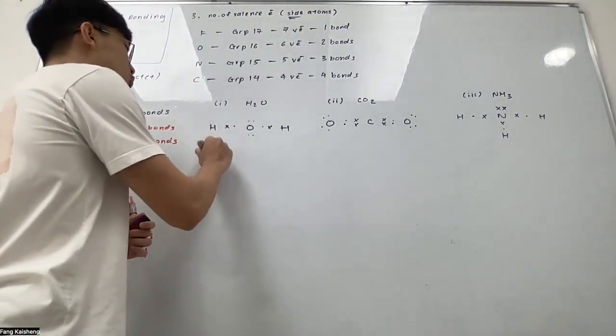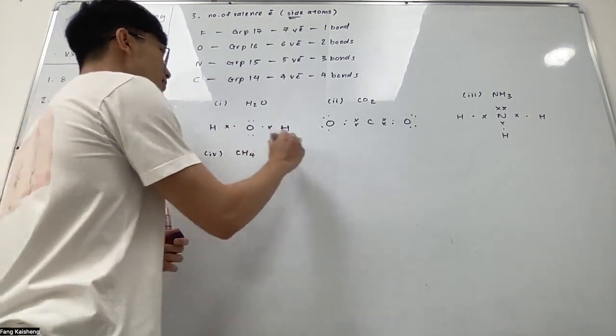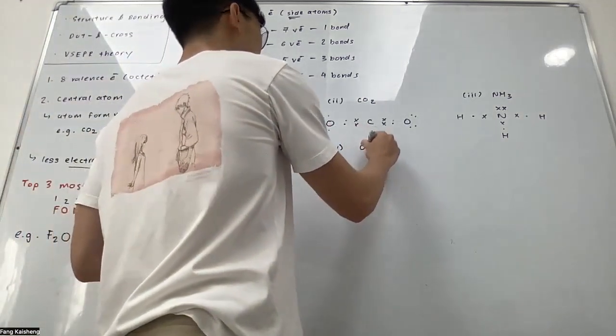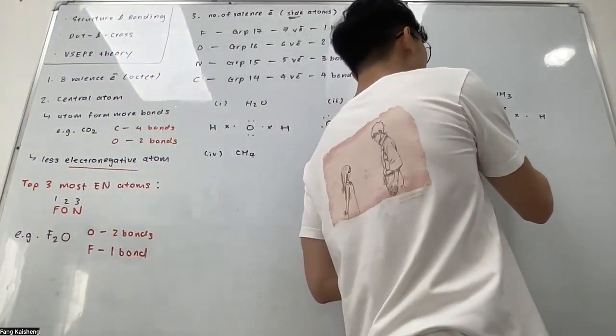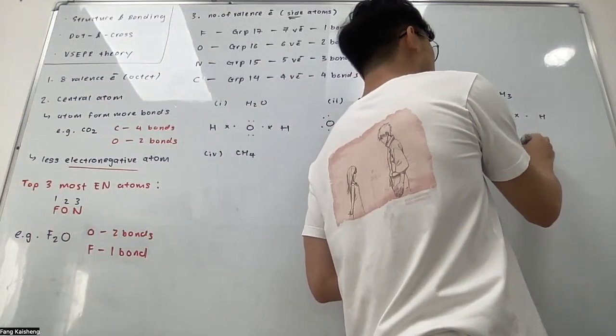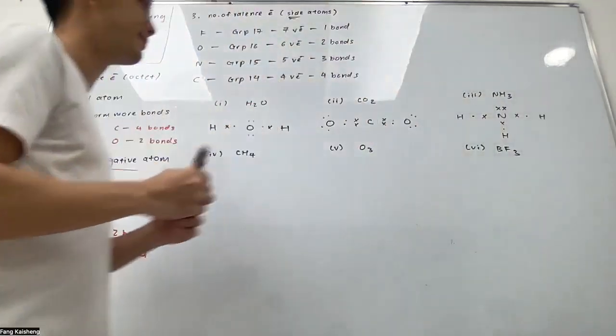With that said, I want you to try the next 3 examples. In the next 3 examples, there's one of them that's particularly more difficult than the others. Give it a try.